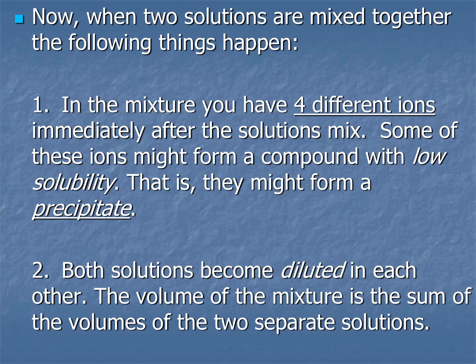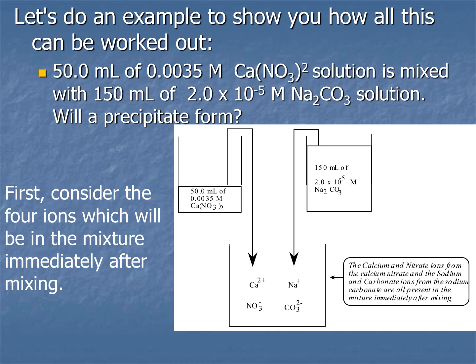So both solutions will also become diluted because you're adding 2 volume amounts together. So the volume of the mixture is the sum of the volumes of the 2 separate solutions. So the only thing we're really adding into our calculations here is we need to consider our new volume and its effect on molarity. So let's look at how this works out.